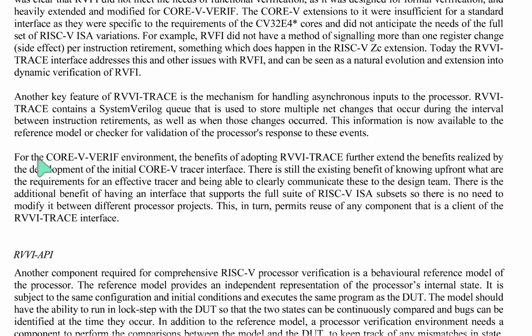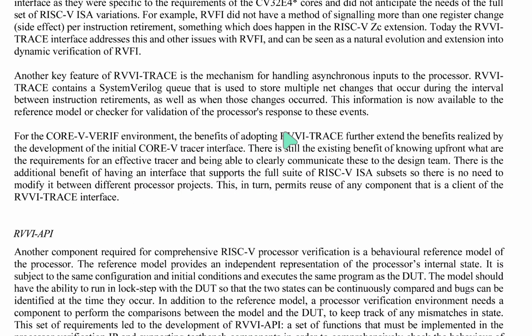So for the CORE-V-VERIF environment, the benefits of adopting RVVI-TRACE further extend the benefits realized by the development of the initial CORE-V-TRACE interface. There is still the existing benefit of knowing upfront the requirements for an effective tracer and being able to clearly communicate these to the design team.